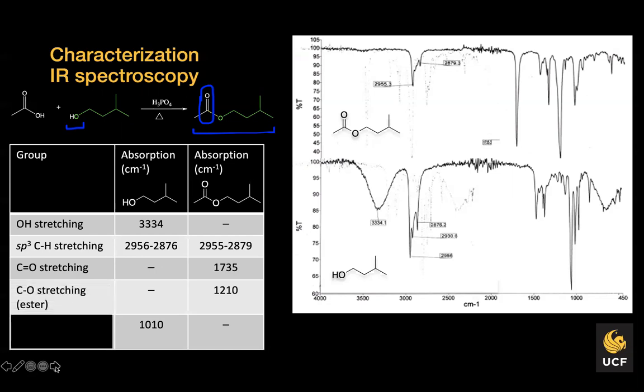Well, in the product, we have this carbon-oxygen stretch specific to an ester that shows right around 1180 to 1210. And anytime we have a primary alcohol, the stretching of that carbon-oxygen bond shows up right around 1000 per centimeter, right?